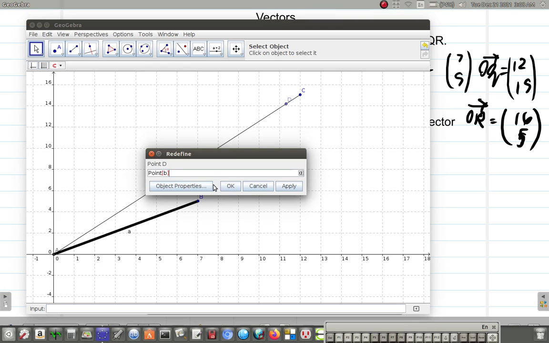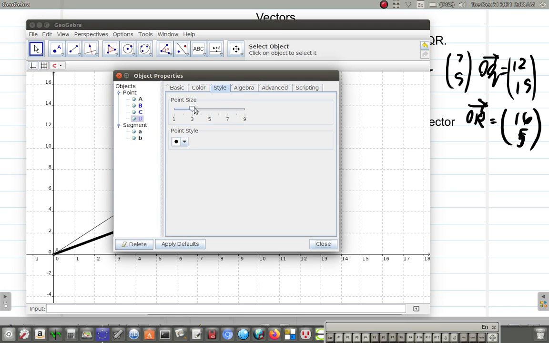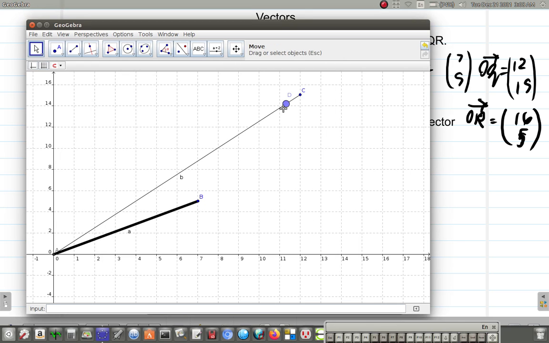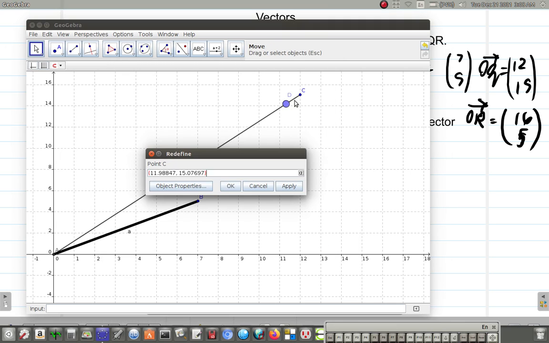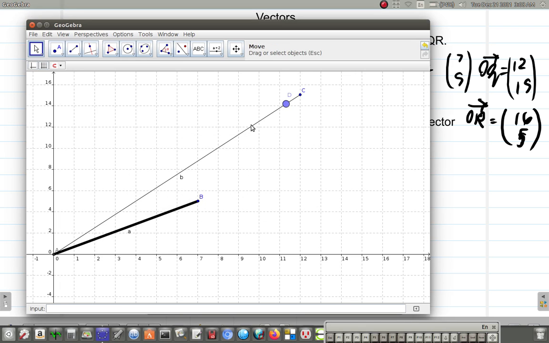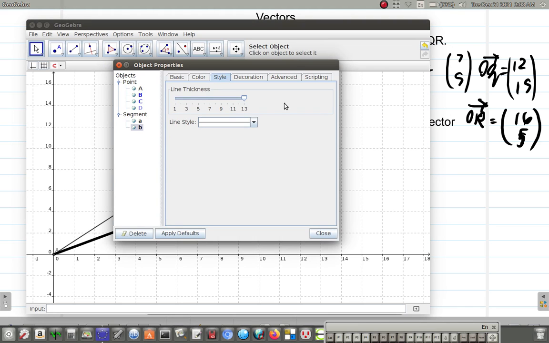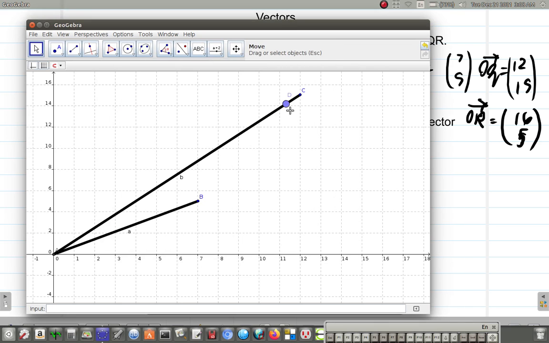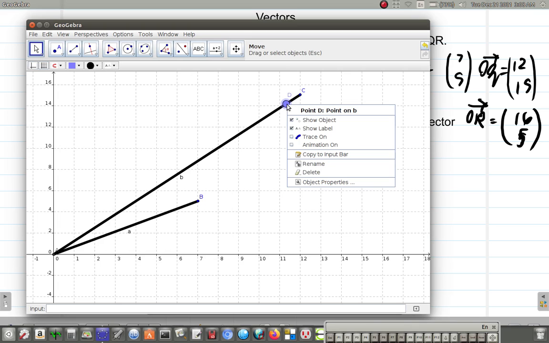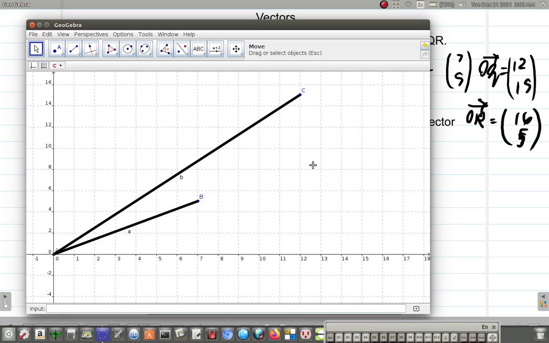I'm going to make this line thicker as well. Alright. This was a point that I didn't want. Let's delete that. And then OR is 16, 5.